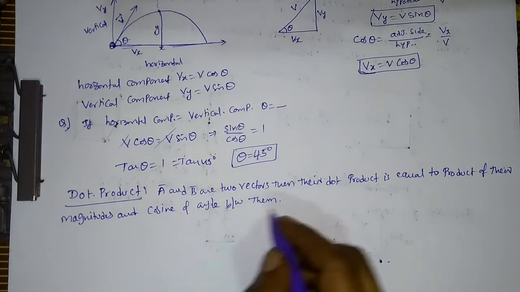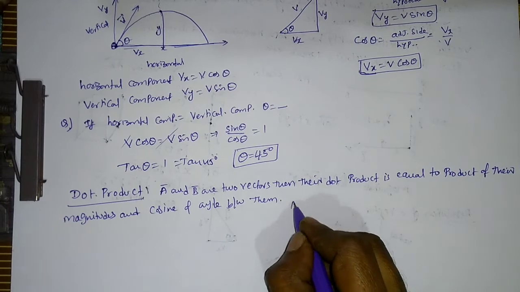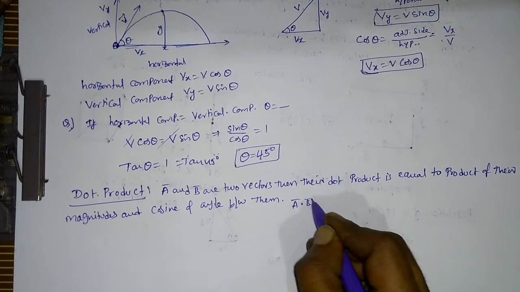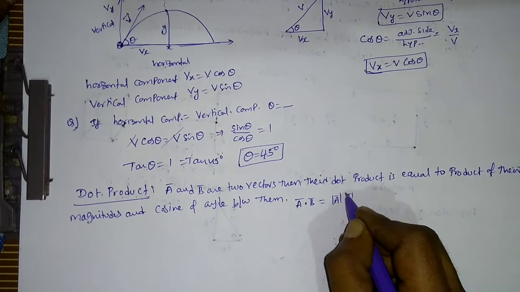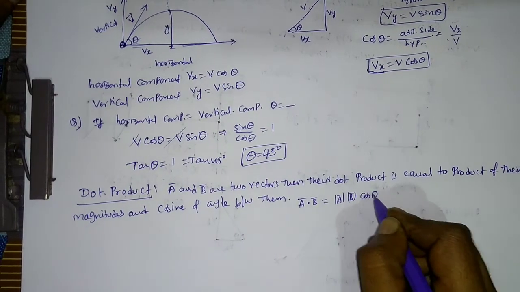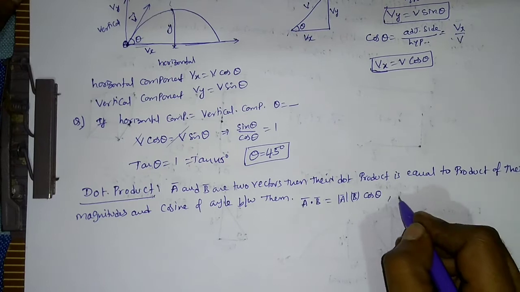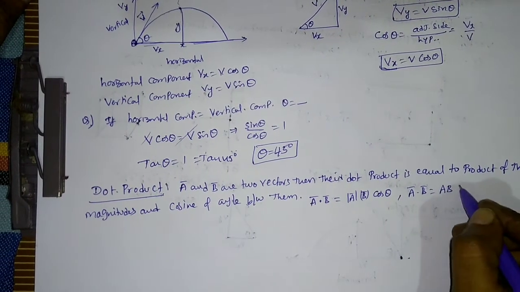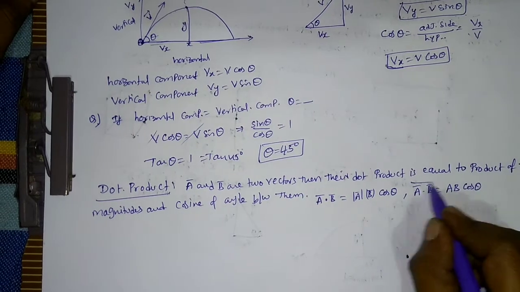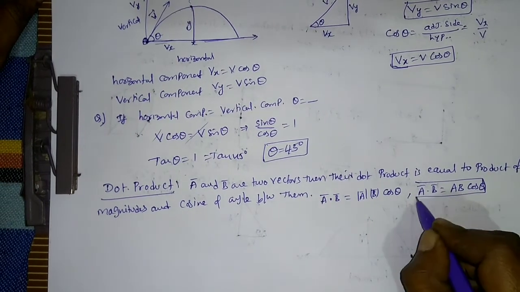That is the statement of dot product. That means you can write it mathematically: A bar dot B bar is equal to mod A bar mod B bar cos theta. Or simply you can write A bar dot B bar is equal to AB cos theta. This is the final formula for this.